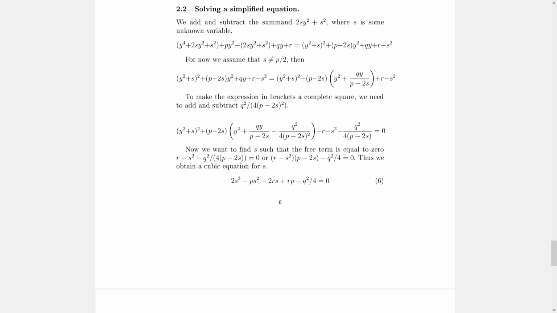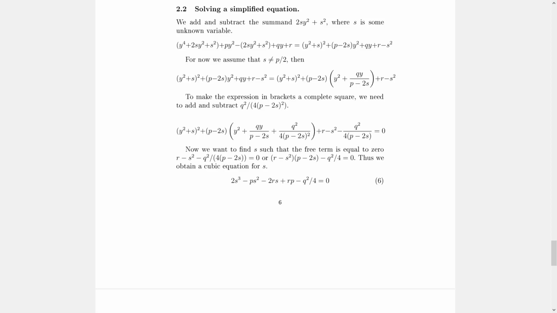Now we want to find s such that the third term is equal to 0. R minus s squared minus q squared divided by 4 times p minus 2s equals 0.